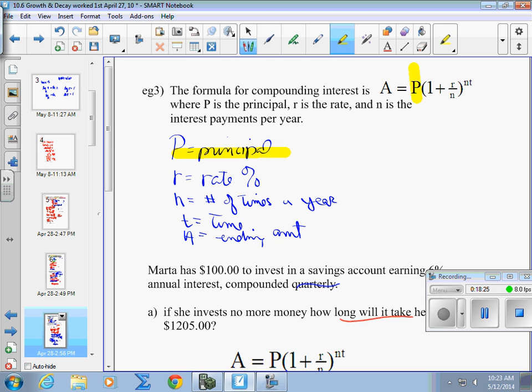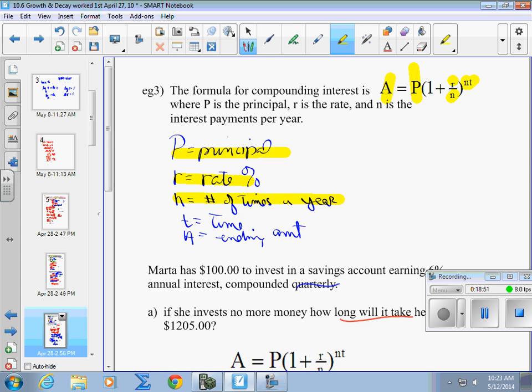That's what you're investing. R is equal to the rate. It is a percentage that you need to change to a decimal. N is the number of times a year. T is the time.